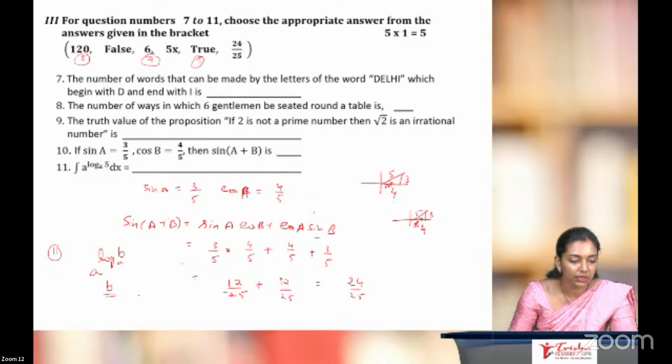So the answer for the 11th is integral 5 dx, which is nothing but 5x plus c. This is the answer for the 11th one.